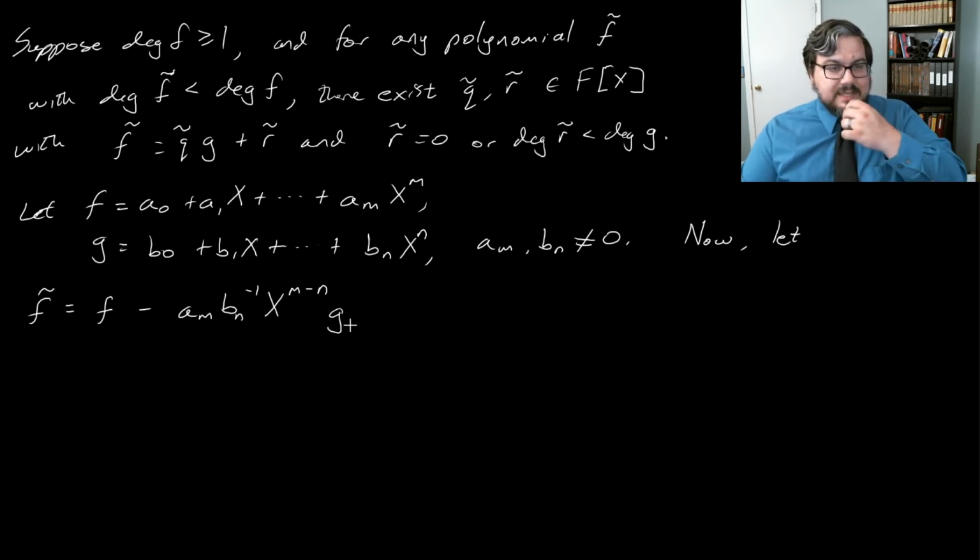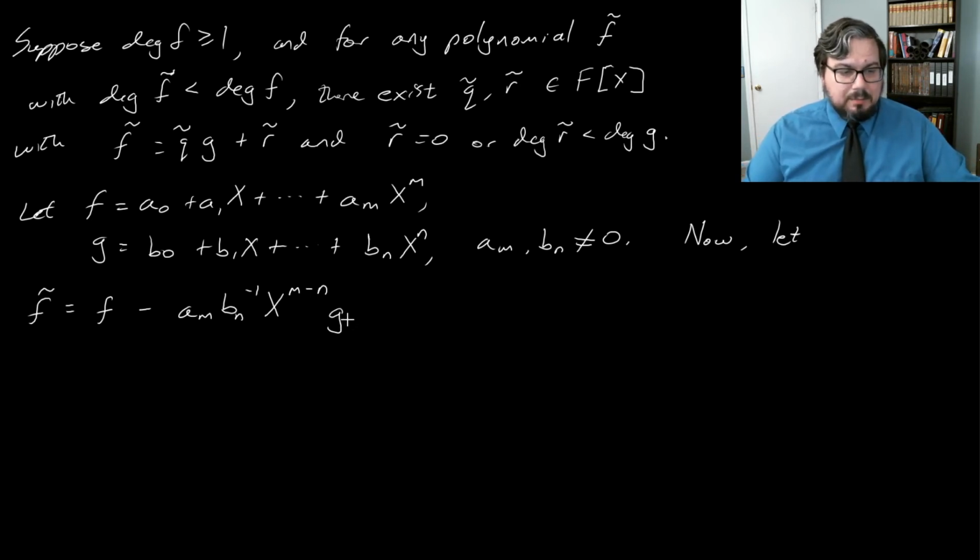Now this is possible to do because we've first of all assumed that we're working in a field, and so any non-zero element like bn has a multiplicative inverse in the field. Furthermore, we've assumed that m, which is the degree of f, is greater than or equal to n, which is the degree of g, and so this m minus n makes sense.